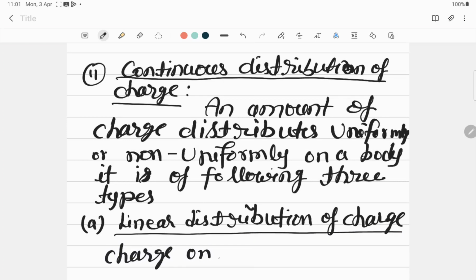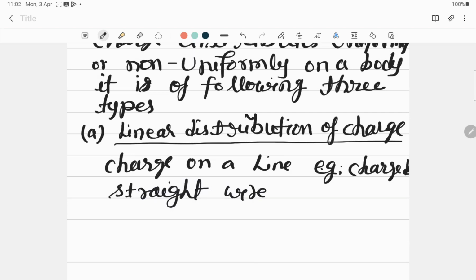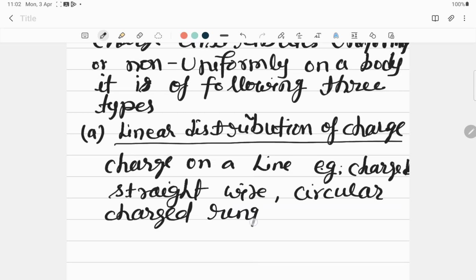Charge on a line, for example, a charged straight wire, circular charged ring, etc.